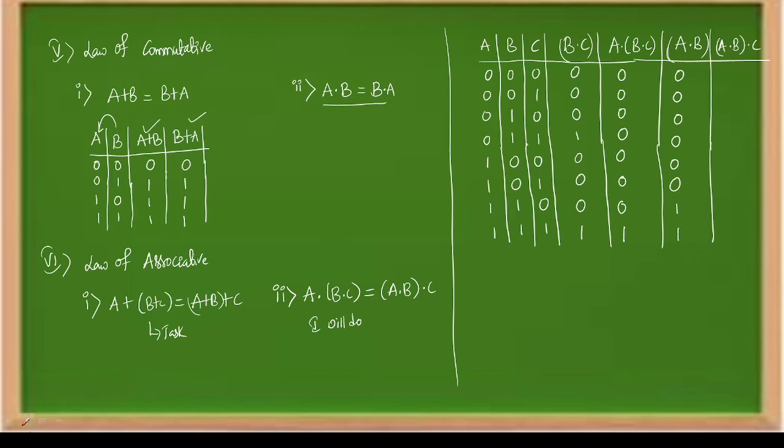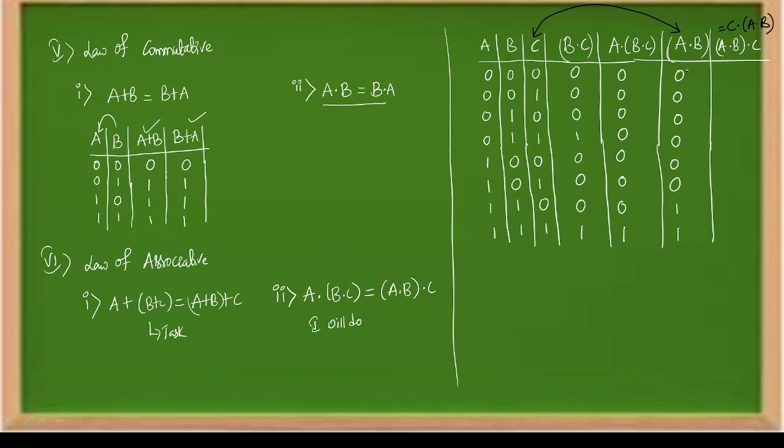Then I need to perform the AND operation with these two. What are the two things that I need to consider here, between C and A and B? According to the commutative law, you can perform the AND operation by interchanging the terms, because A and B is the same as B and A. That's why A and B and C is the same as C and A and B. So I need to perform the AND between these two.